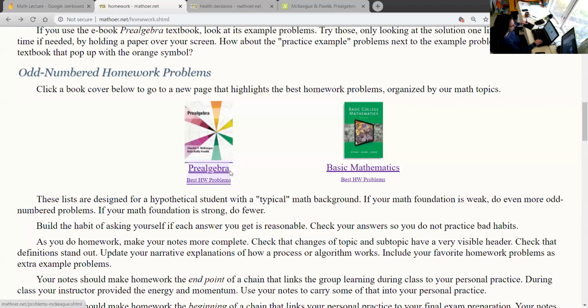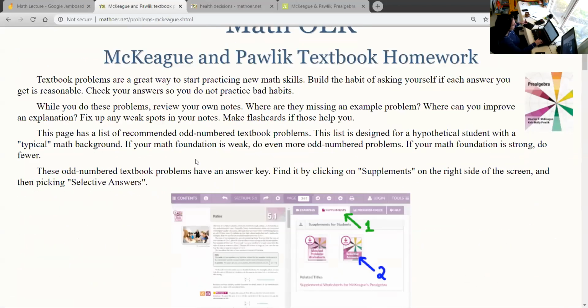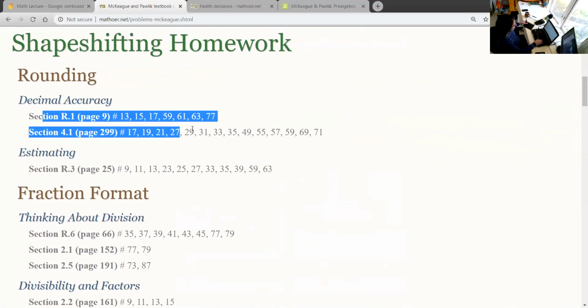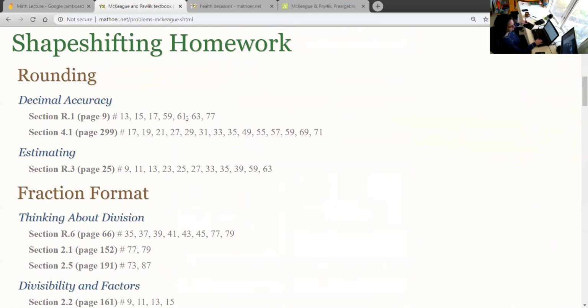This is completely optional for you as Math 25, but if you want to do some review, you're welcome to do this. So what she's seen is that some decimal stuff had review on page 9. That's where I'm getting this list from. Again, not part of Math 25 officially, but if you need some review, this is one way to do it.